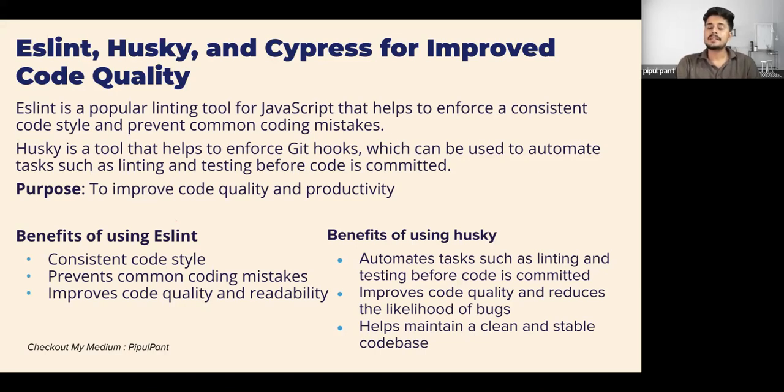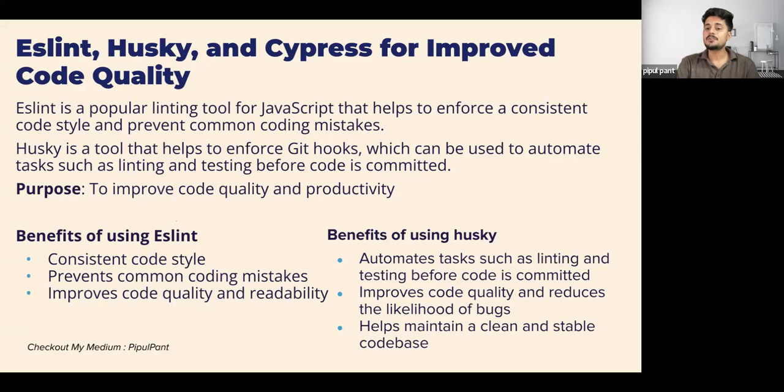And basically the idea of using Husky is that whenever we are pushing to a branch or committing, it will check the entire test specs against whatever rules we have set in ESLint. There are also certain rules defined for Cypress, like avoiding usage of cy.wait and avoiding usage of undeclared variables.